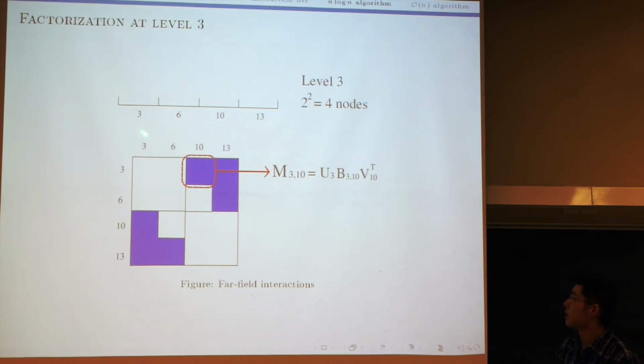For example, the interaction between 3 and 10 is far-field, which corresponds to this block, 3 and 10, and 3. And the interaction between 6 and 13 corresponds to this blue block. We know that for each of these blue blocks, we can use low-rank factorization introduced before in the form of U B V transpose.